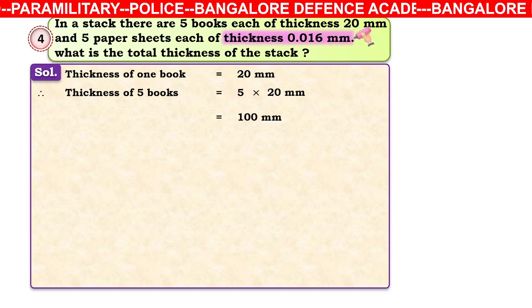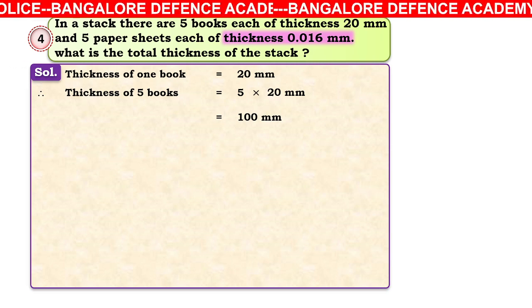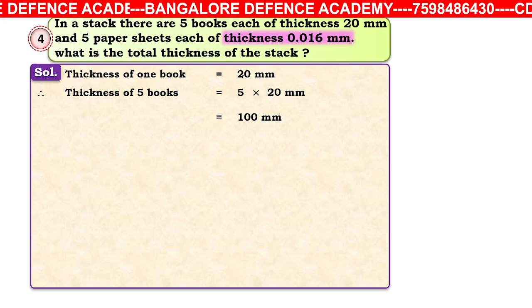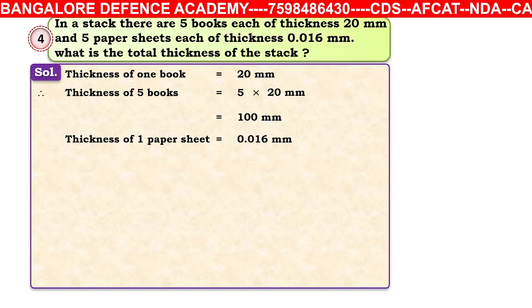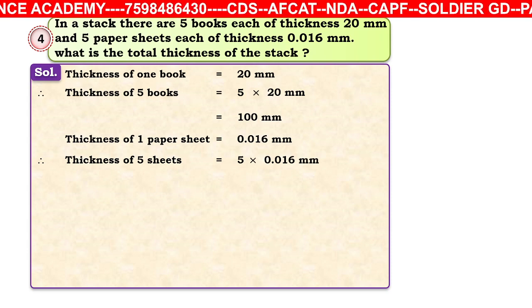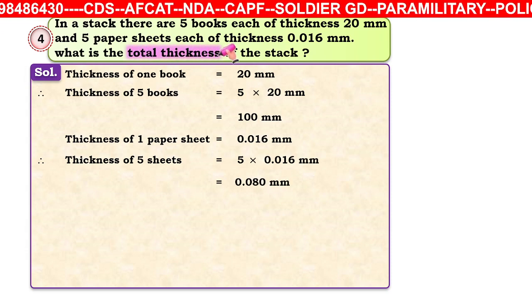Now they have given the thickness of a sheet, that is 0.016 mm, for each of the 5 paper sheets. So the thickness of 5 sheets will be 5 into 0.016 mm, and the answer will be 0.080 mm.